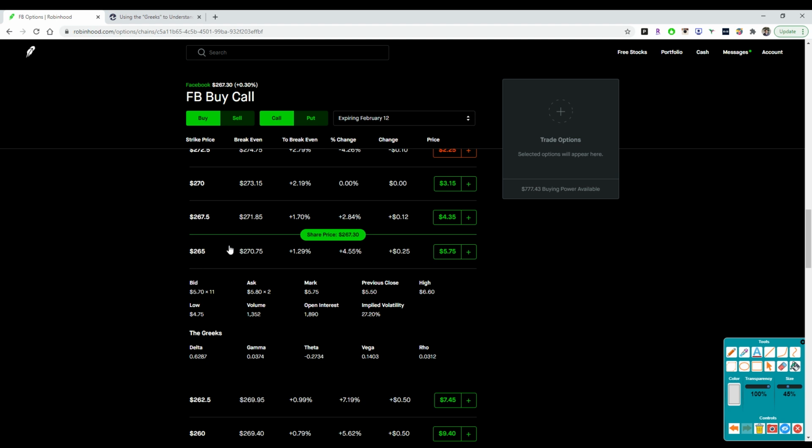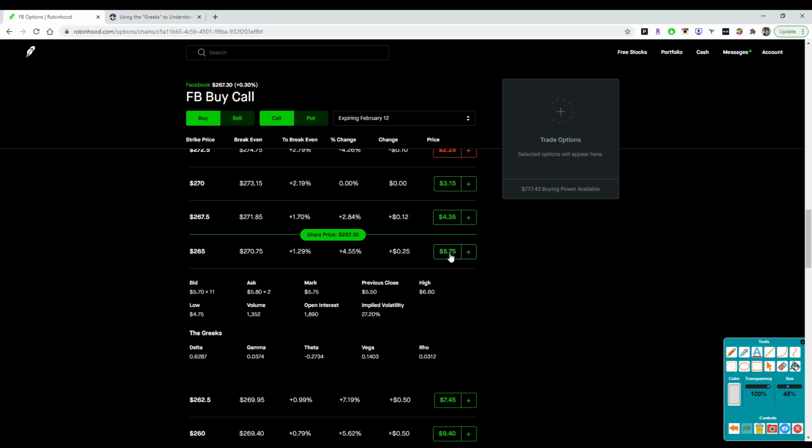There's a delta of 0.62, which basically means for each dollar that Facebook increases, the value of the option should increase by about 63 cents. So for example, if Facebook opens up at 268, and all these other factors are constant, this $265 call should have gone up about 63 cents.